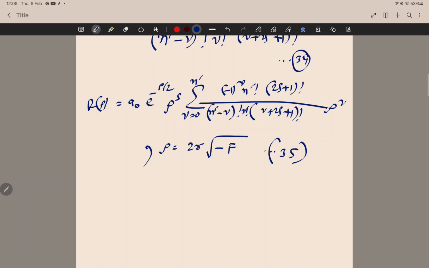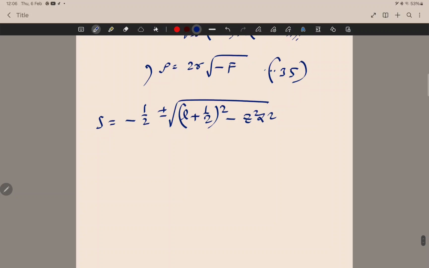Determining the s, we have s equal to minus 1 by 2 plus or minus root under (L plus 1 by 2) whole square minus z square alpha square, from equation number 23 and equation number 32. The parameter s cannot be negative, so we should make the 28th equation non-singular near the origin, so we take the positive square root.